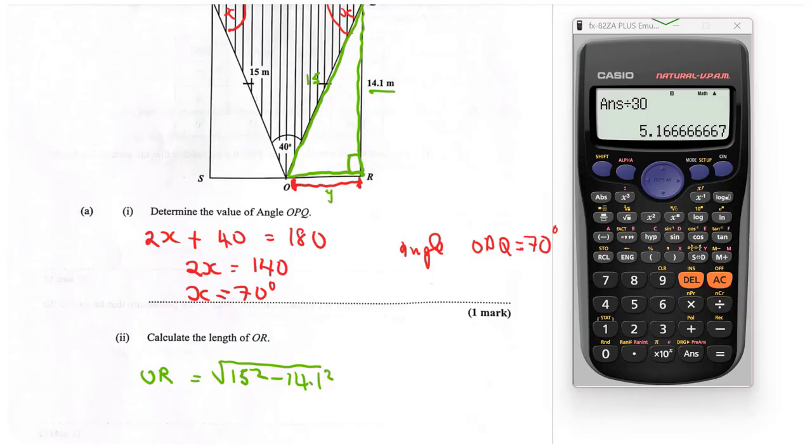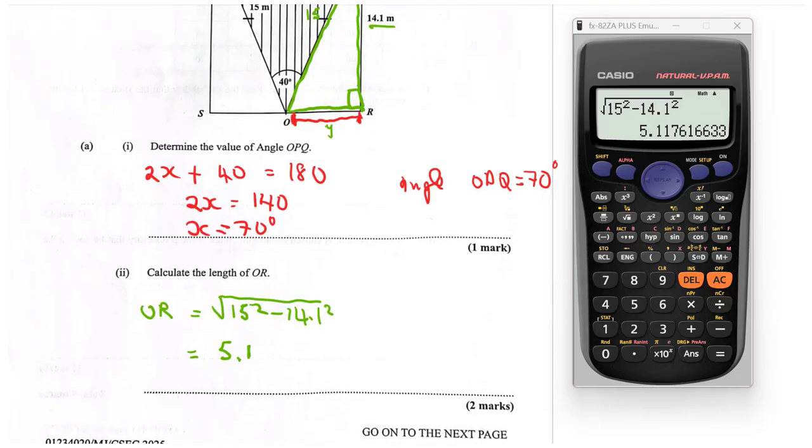Therefore, it must be the hypotenuse squared minus the other side squared, and then we take the square root. So enter that in our calculator. The square root of 15 squared minus 14.1 squared. And that gives us 5.1. Right? So the length of OR is 5.1.